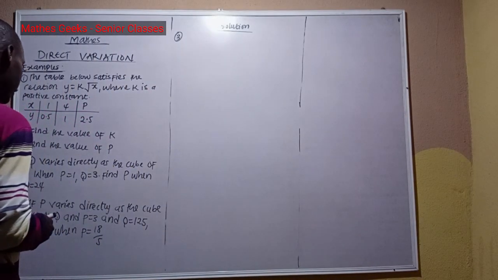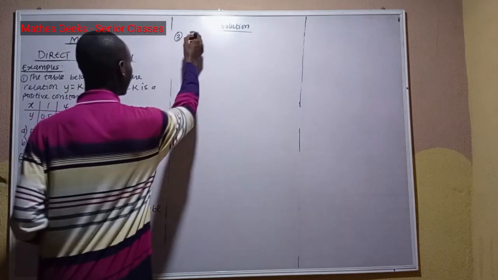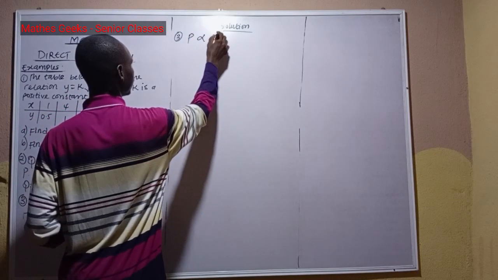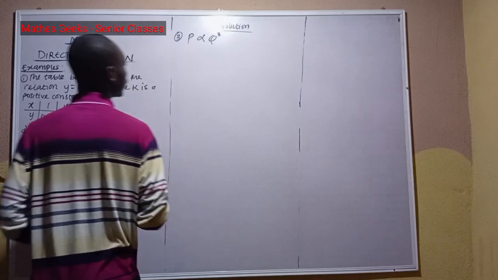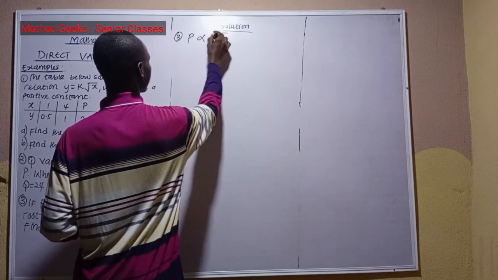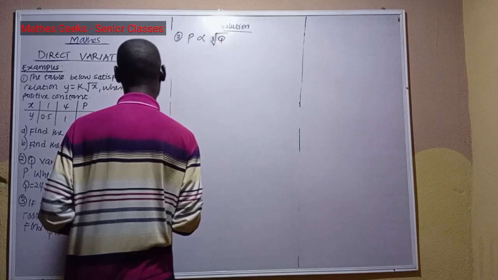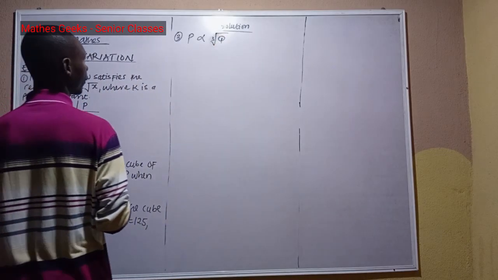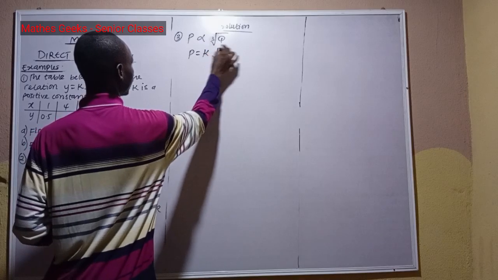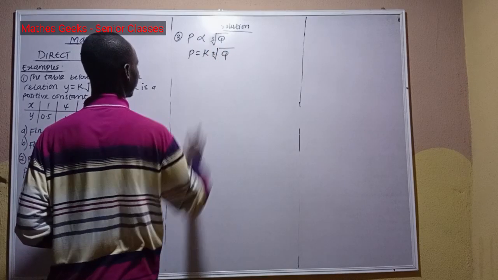If p varies directly as the cube root of q, p varies directly as the cube root of q, so p is equal to k times the cube root of q.